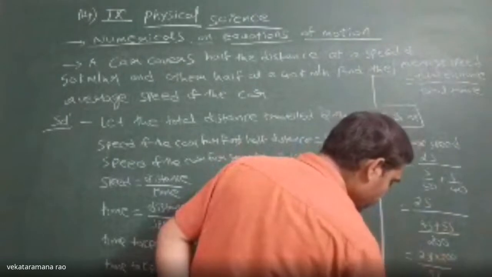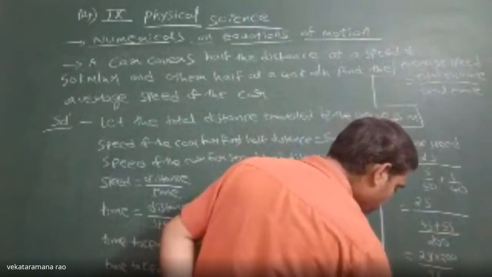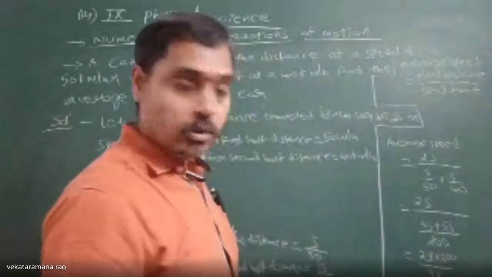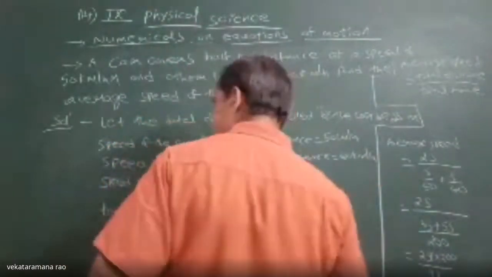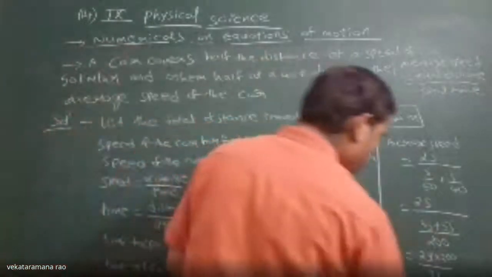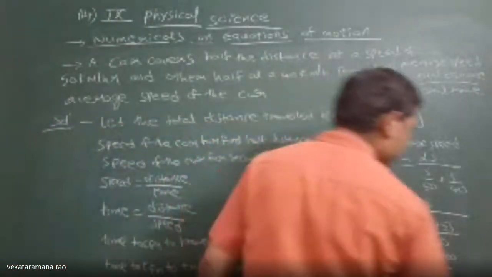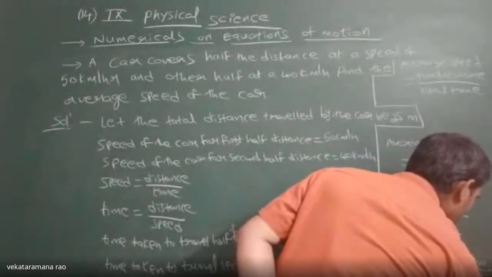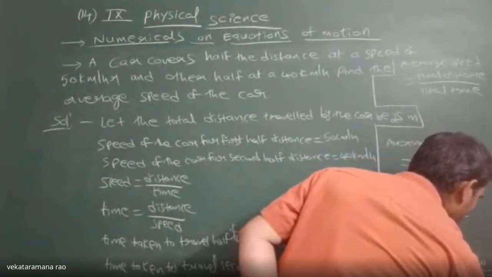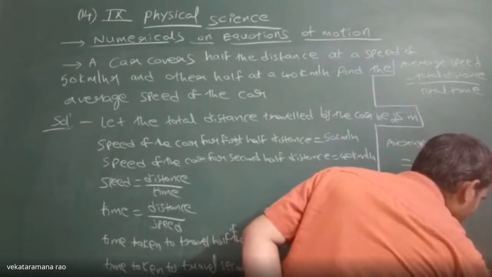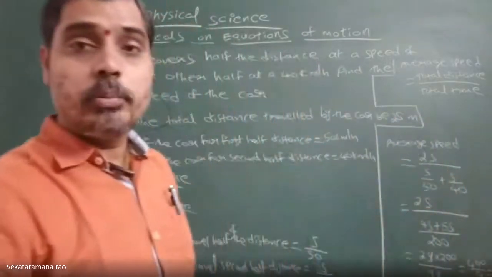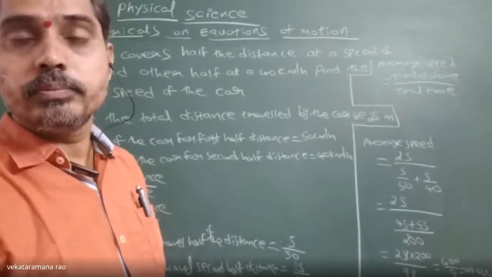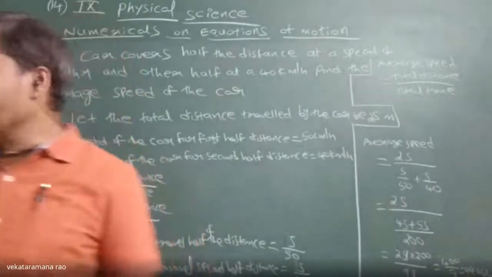S cancels. Now 400 by 9, which is equal to 44.44 kilometers per hour. In that way, we can do the problem.